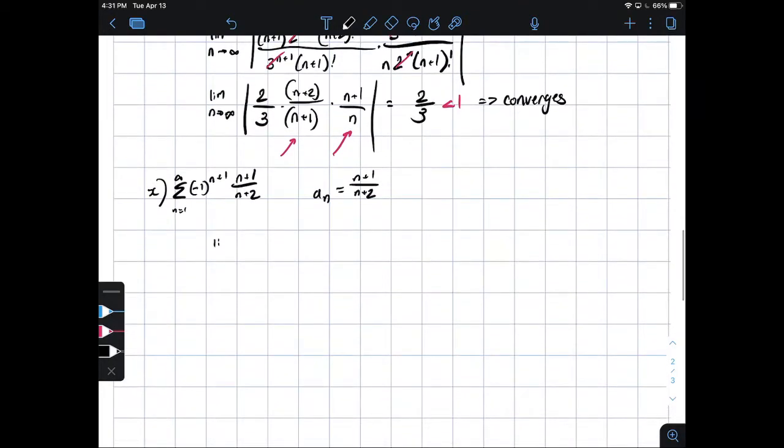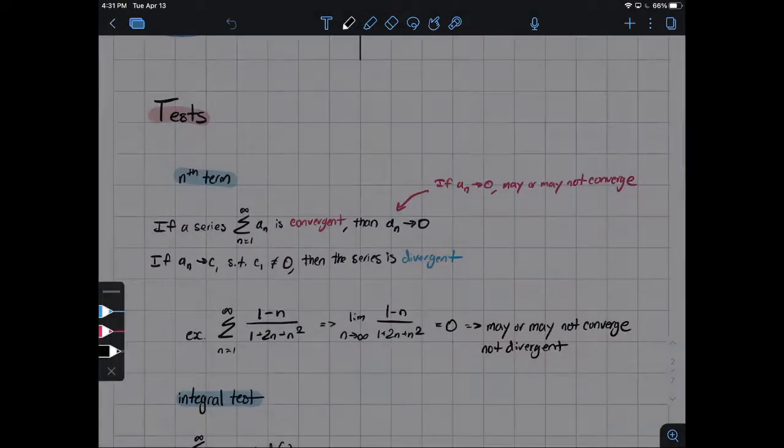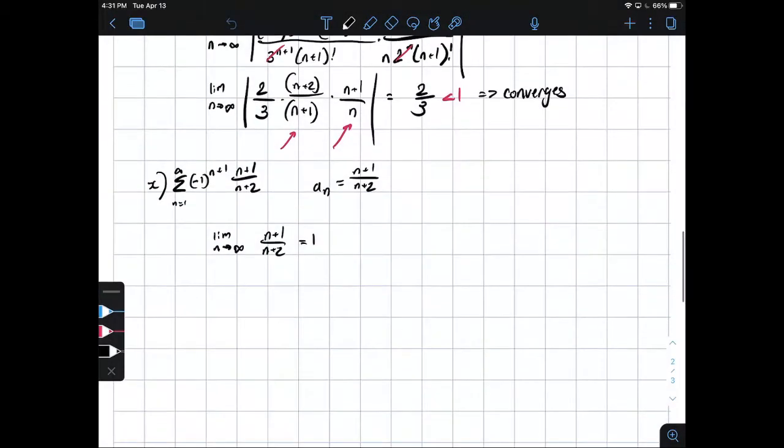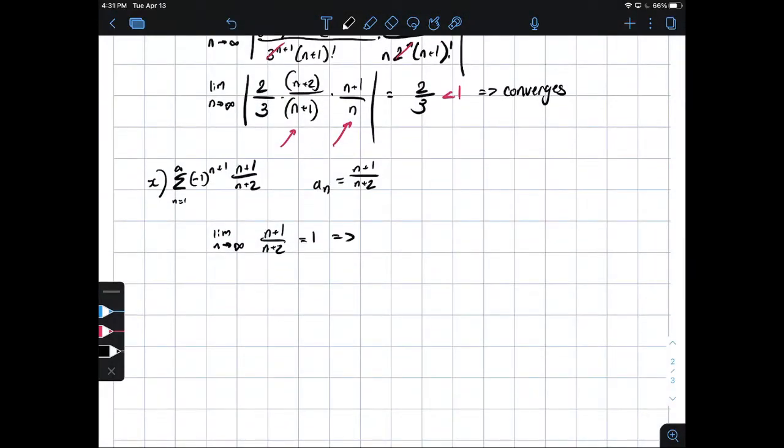Now we take the limit of this, and we'll see that it is equal to 1. Because it's equal to 1, the series diverges. Just wanted to make sure I got that. That is correct.